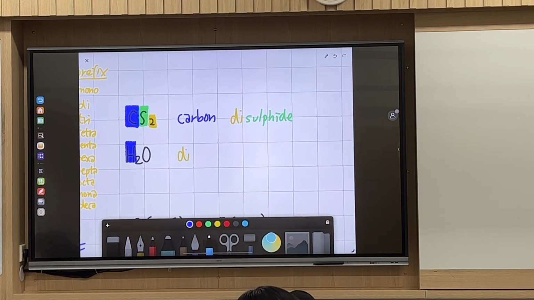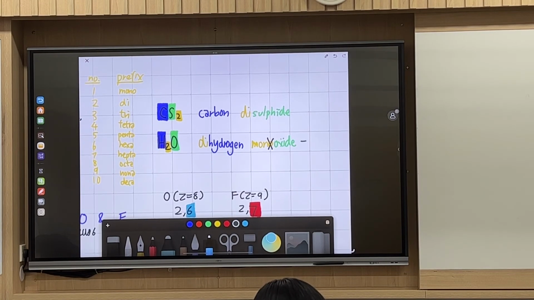Can you write down dihydrogen? But we can call it more simply as water, just water. So dihydrogen monoxide. And again, you are dropping the O from the mono. So dihydrogen monoxide is actually water.